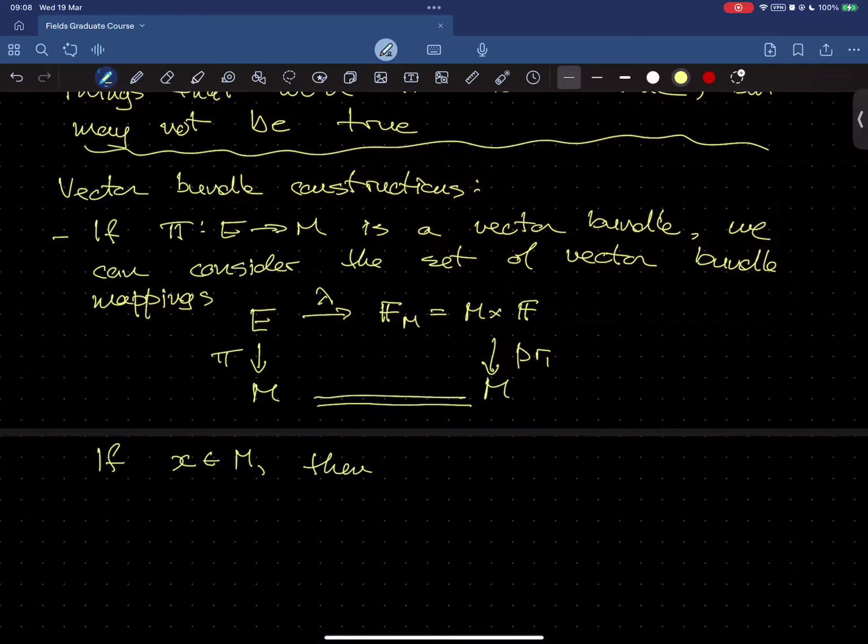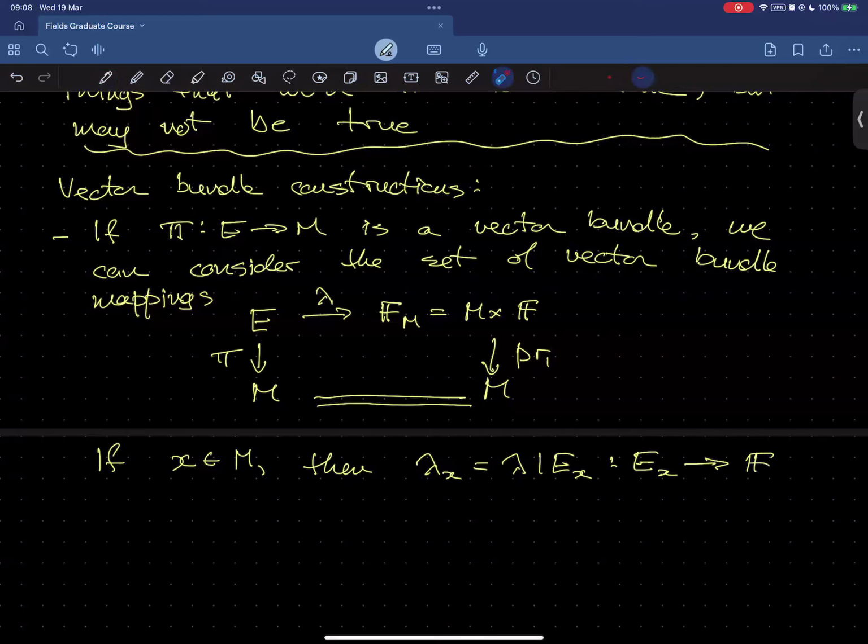Then lambda of x, let me write it as lambda sub x, is going to be lambda restricted to the fiber at x. So this is just a linear mapping from E_x, the fiber, to the fiber of this thing at x, but of course that fiber is just the scalar field. Okay.